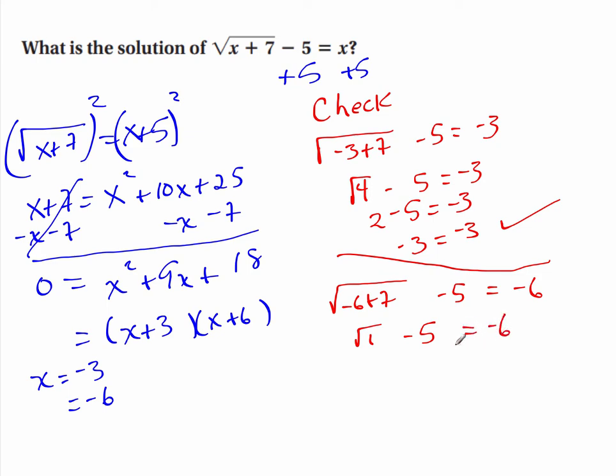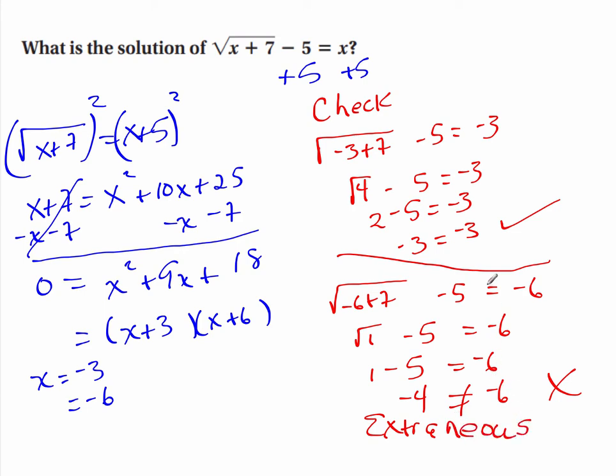So does 1 minus 5 equal negative 6? Oh no, negative 4 does not equal negative 6. So this is not a solution. This is extraneous. So the only answer we have for this problem is x is equal to negative 3.